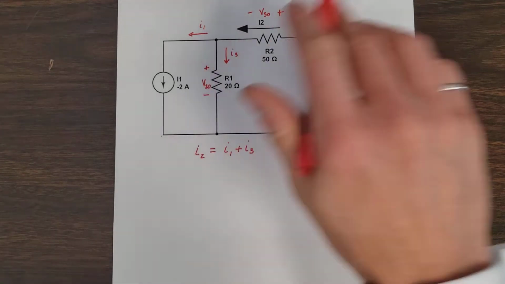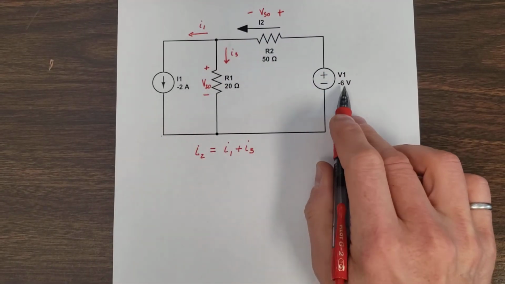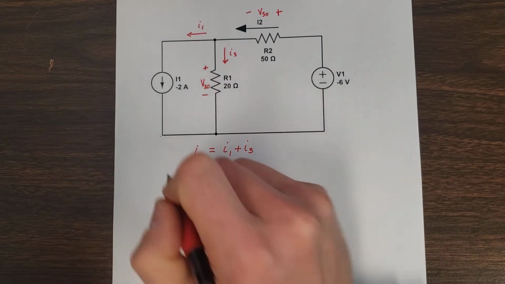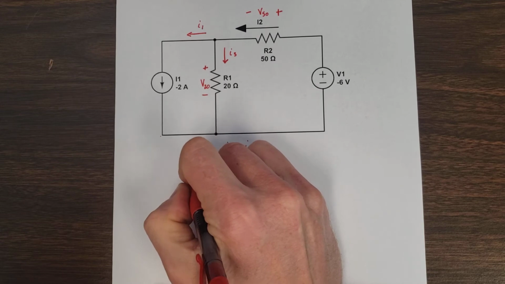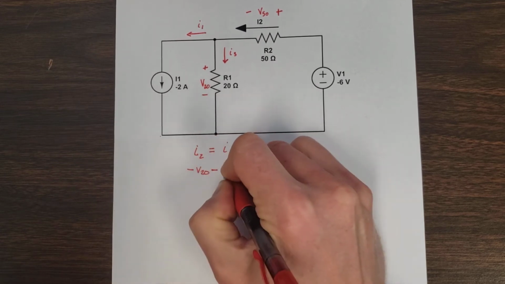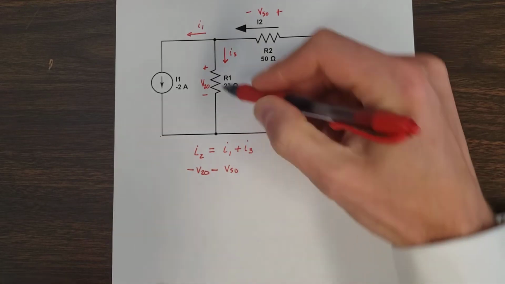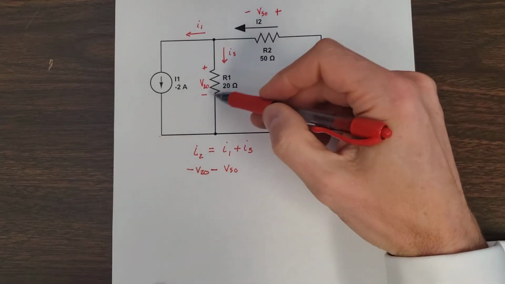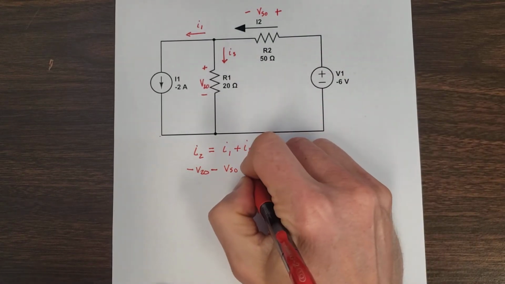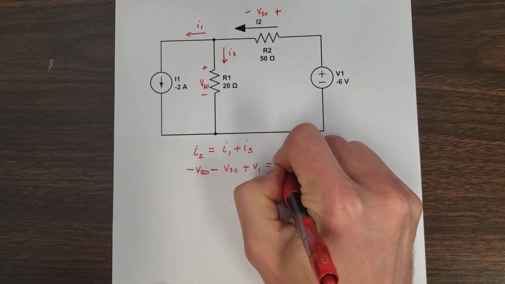So let's just write it as variables first, and then we'll worry about the numbers later. So we can say that negative V20 minus V50, these are both rises. We're going around clockwise. This is a rise, and that's a rise, and that's a drop. And then we can say plus V1 is equal to 0.